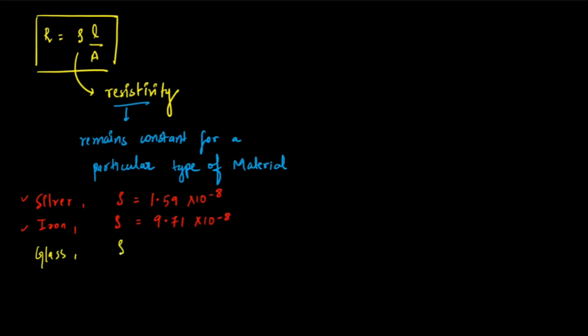Glass has a resistivity value of the order 10 to the power 9 to 10 to the power 12. Now here you can see the difference between an insulator and a conductor. So this value is basically responsible for defining the resistance of any particular type of matter we have. This is what we need to understand here.